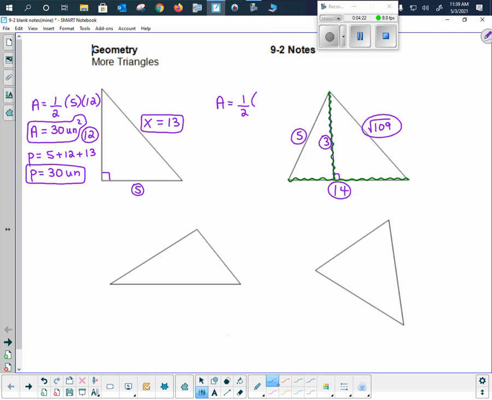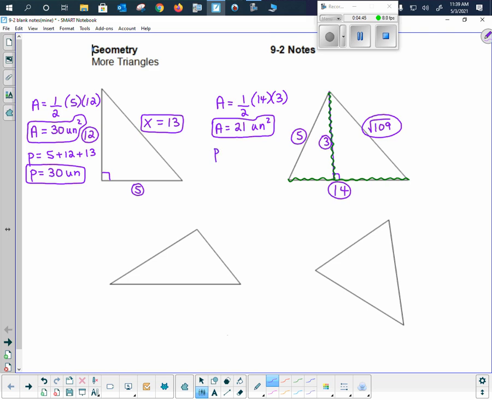So 1/2 of 14 times 3. Again, most of us probably don't want to do 1/2 of 3 and then times 14. So why don't you just do 1/2 of 14, which is 7, and 7 times 3 is 21. It would be units squared, and we'd be on our way.